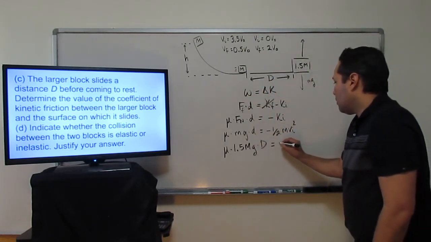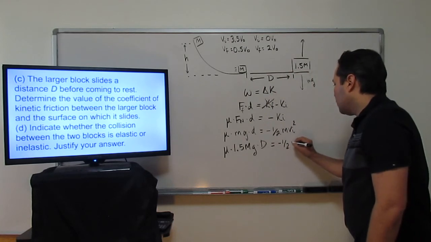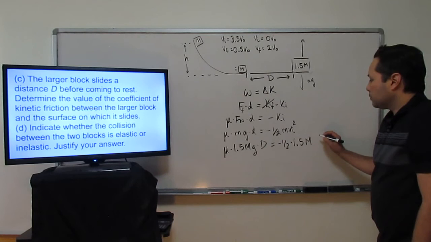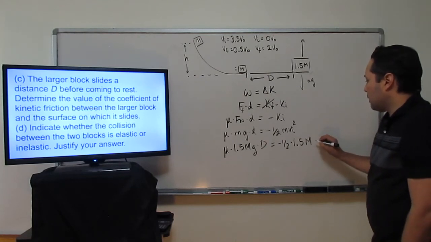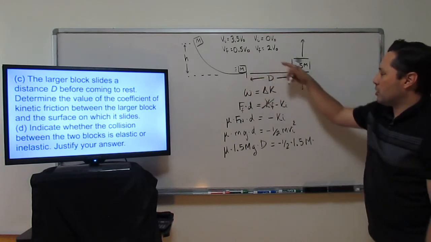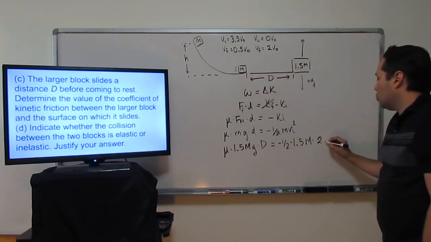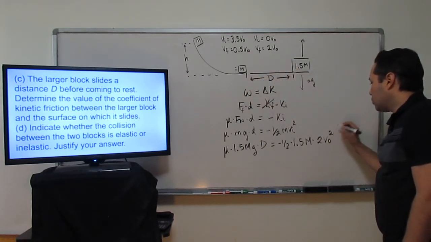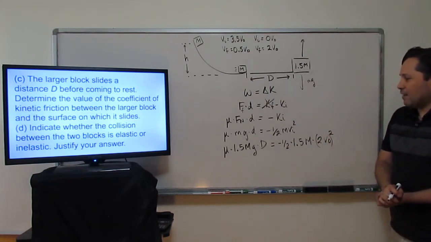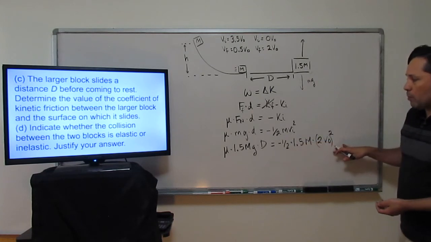So that's going to be equals 1/2 times 1.5 uppercase M multiplied times, what was the velocity initial? Velocity initial started at 2 meters per second. It's going to be 2 VO squared. Alright, so that would be the setup with all the proper values.